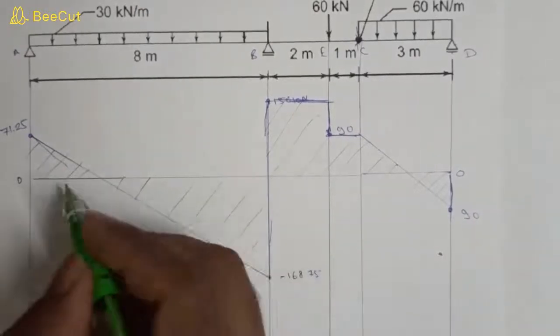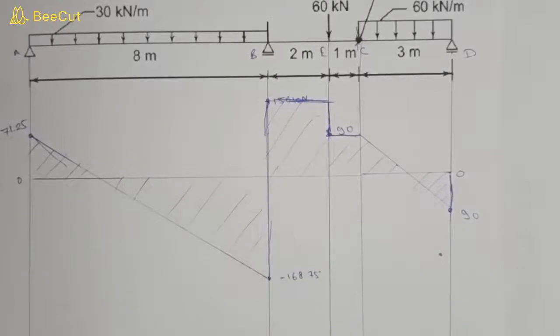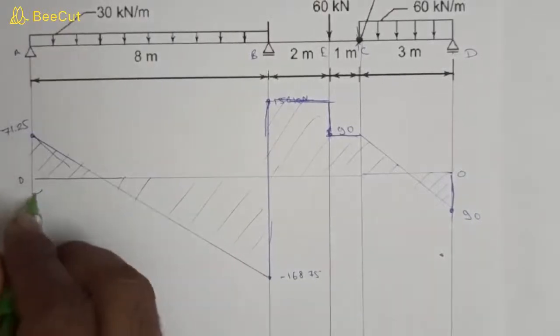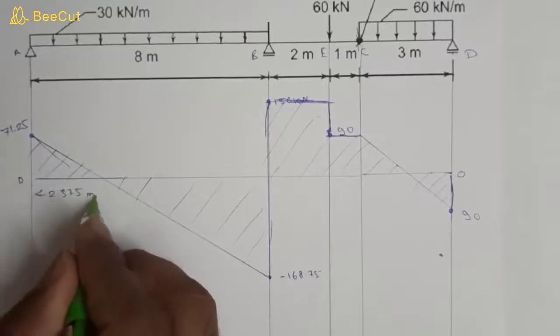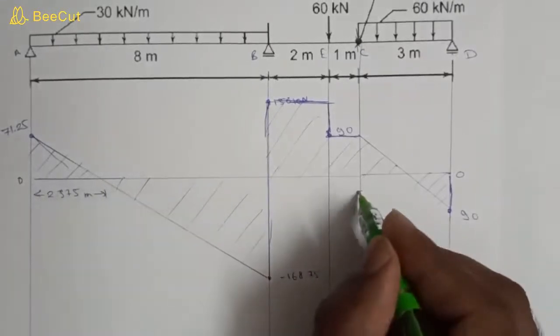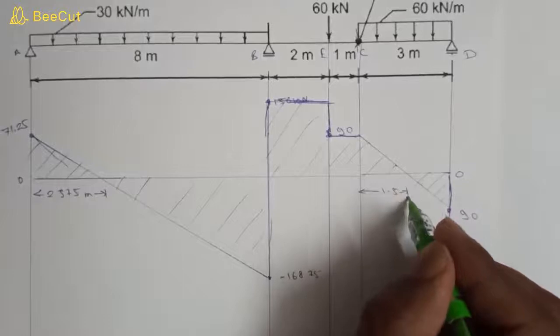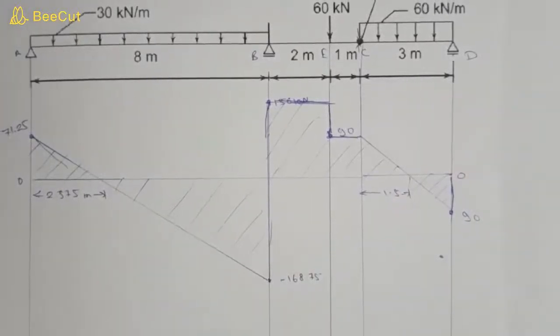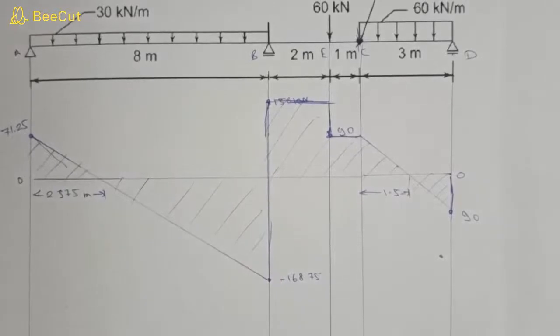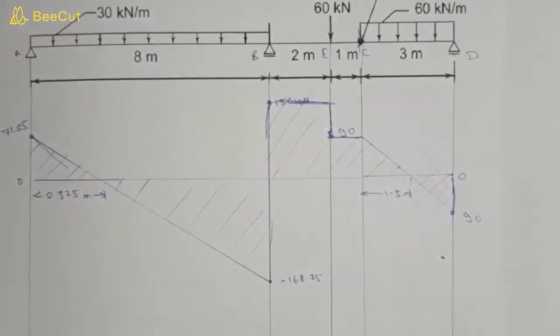Now this distance we had calculated where shear force is becoming 0 as 2.375 meter, and this distance from here is 1.5 meter. Now we have calculated bending moment, so we can draw the bending moment diagram too for this beam.